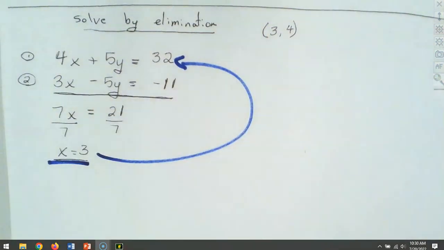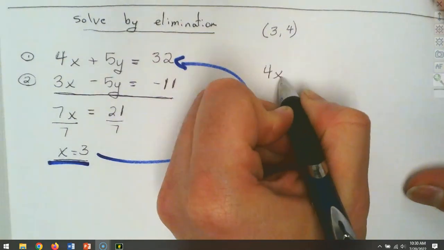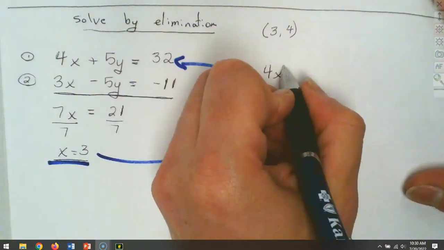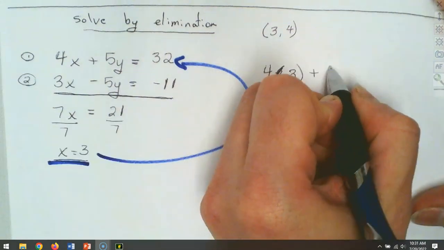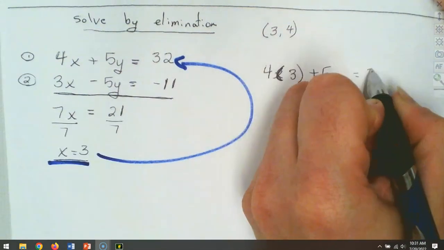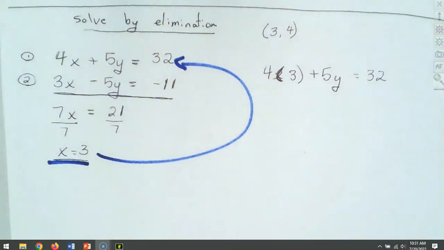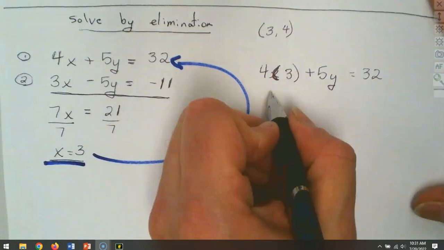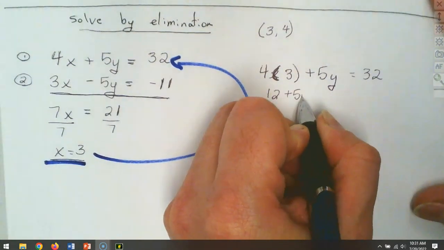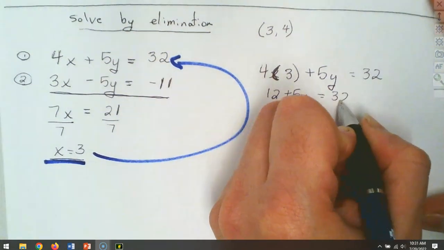So I'm going to plug that into our first equation. So plug in that value of 3 for x, and then see what we've got left over. So if I plug in x equals 3, we get 12 plus 5y equals 32.